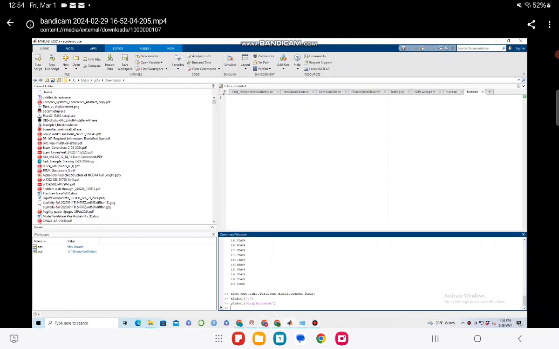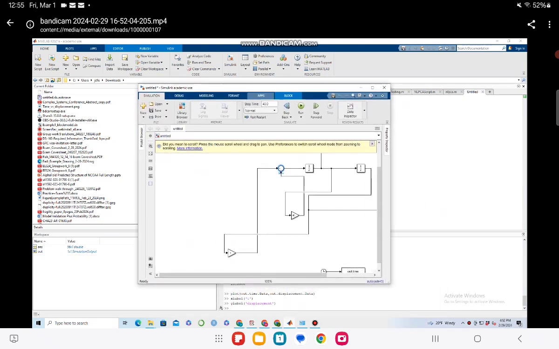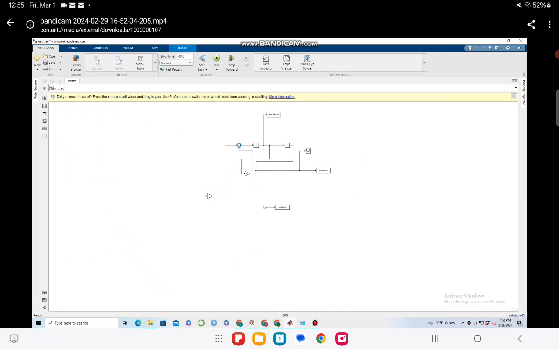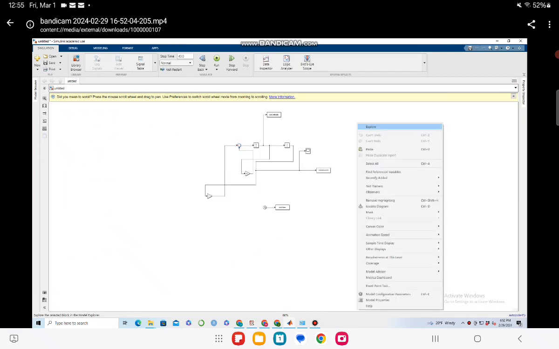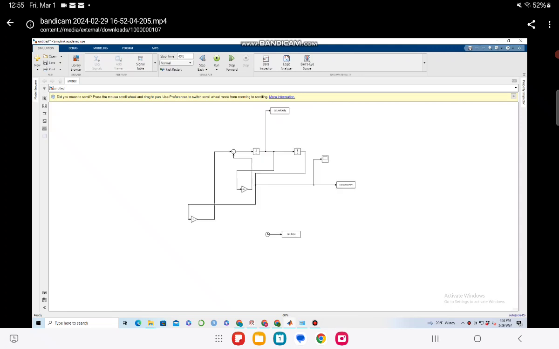Okay, so we're going to go back into our Simulink model that we had before. What we're going to do here is find the inputs in the library that we wanted. The first one was that 3 times sine of 2t.